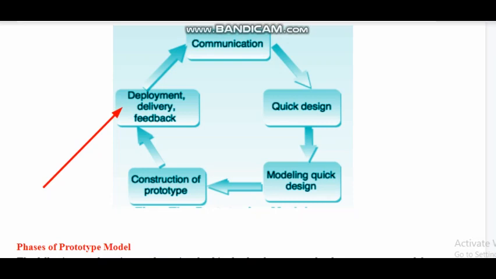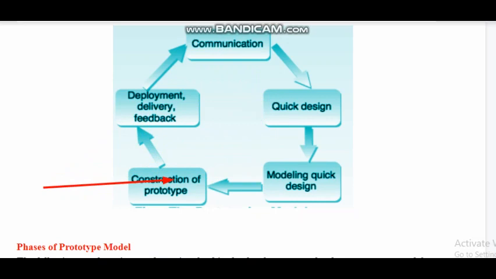After collecting the feedback, again we go for the repetitive approach. We retake the information, make the design, code it, deploy it, give it to the customer for use, and take the valuable feedback. These activities, 1, 2, 3 and 4, come under the repetitive approach.